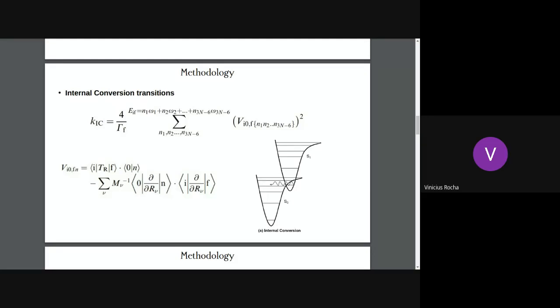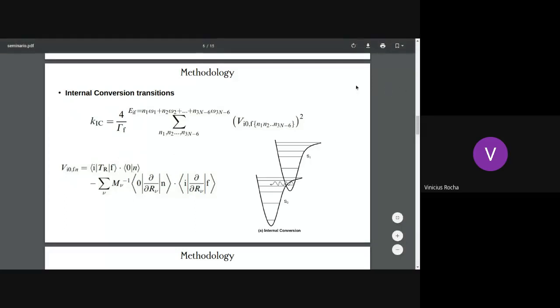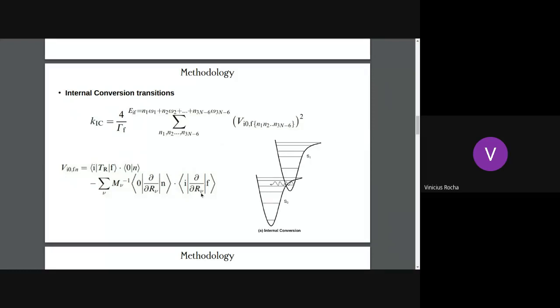Well, for the internal conversion transitions, that is, a transition between states with the same multiplicity, we have this expression here, where V, in the framework of the adiabatic and Franck-Condon approximation, we can write like here, where T is the kinetic energy operator of the electrons, Ni is the nuclear index, M is the mass of the nucleus, and these matrix elements, the last one here, is the non-adiabatic coupling matrix element between the states i and f.